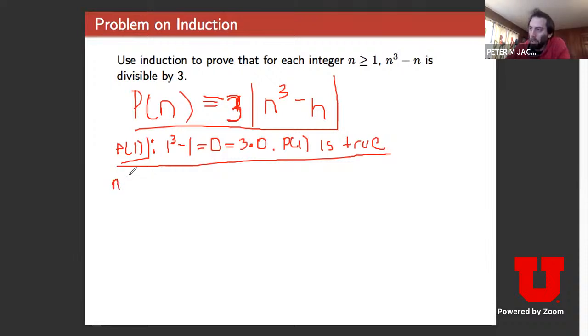We're going to let n be some natural number, and we want to show, WTS is want to show, that P of n implies P of n plus 1. So we want to show that this implication is true. We're going to assume that P of n is true and use it to show that P of n plus 1 is true.